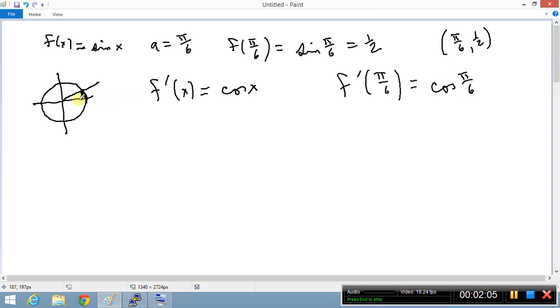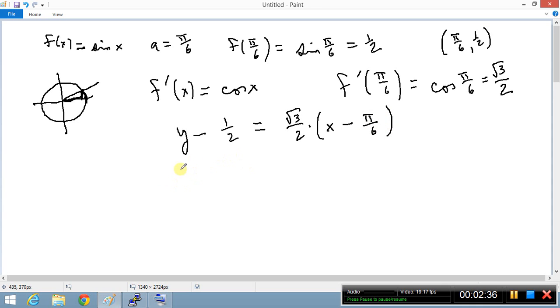And go back to the unit circle, the cosine of pi over 6 would be that horizontal segment, which is the longer of the two sides of a 30-60 triangle. So that's going to give us square root of 3 over 2. So now we're ready to write the equation. Y minus the y value, which we computed as 1/2, equals the slope, which is square root of 3 over 2, times x minus the x value, which is pi over 6.